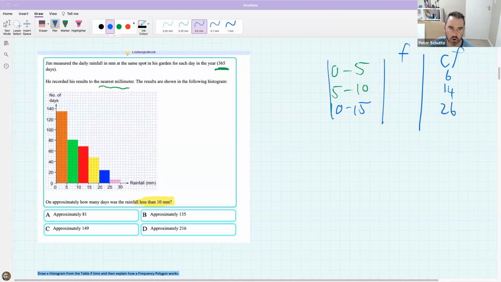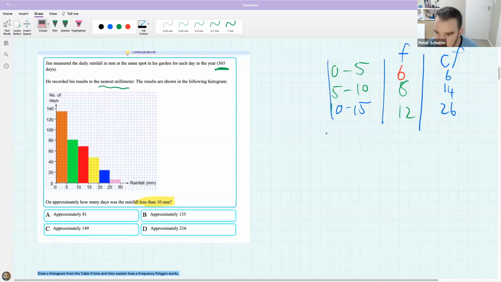In the first row, if your cumulative frequency is 6, that's going to be 6. And then in order to get from 6 to 14, that would have to be 8. And then to get from 14 to 26, this would have to be 12. So you would just work backwards. I assume that would answer the question. Okay, but that was a separate question.